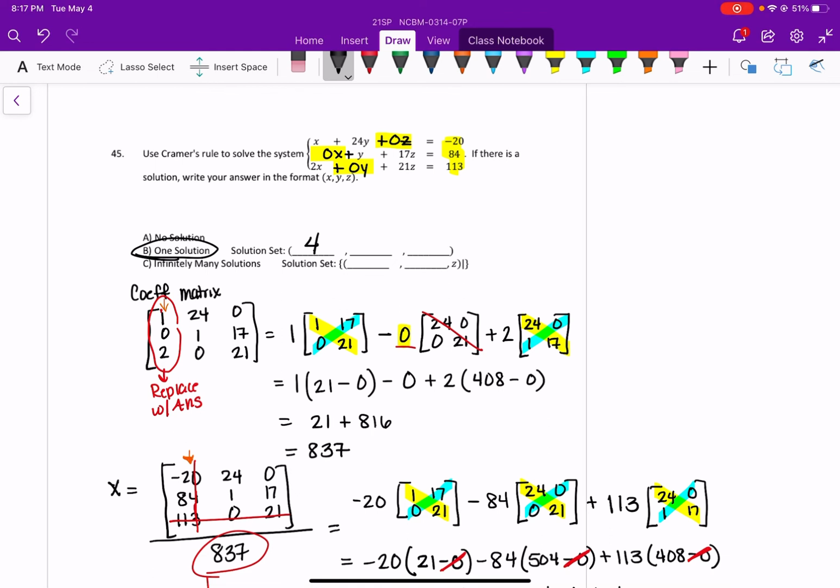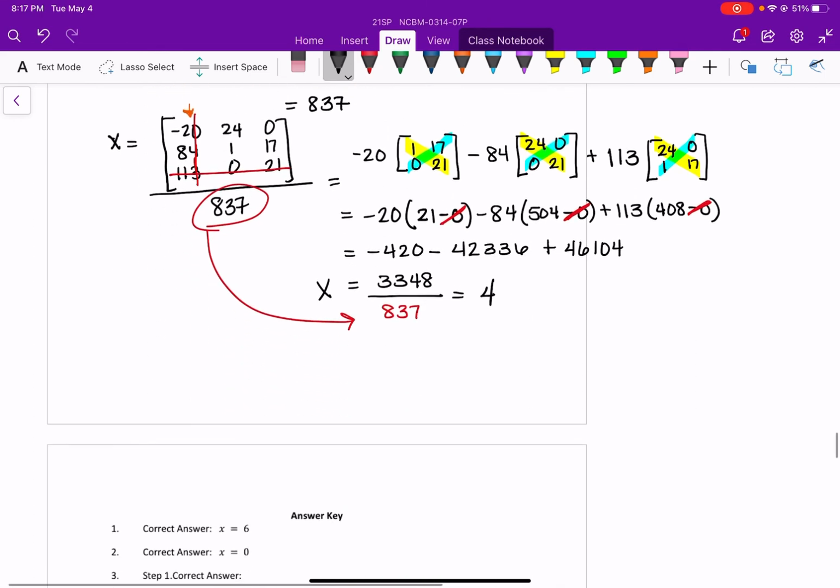So I have an x and a y and an answer. I know what x is now, so I can just substitute it in and say, okay, so 4 plus 24y equals negative 20. So to solve this, I'm going to subtract 4 from both sides. So 24y equals negative 24.